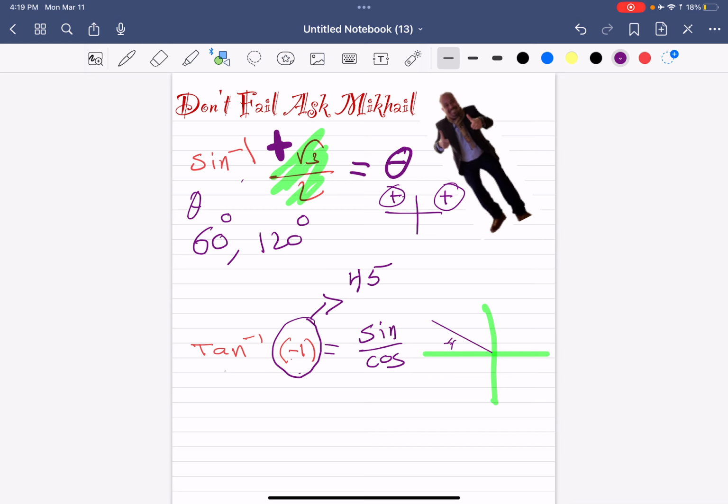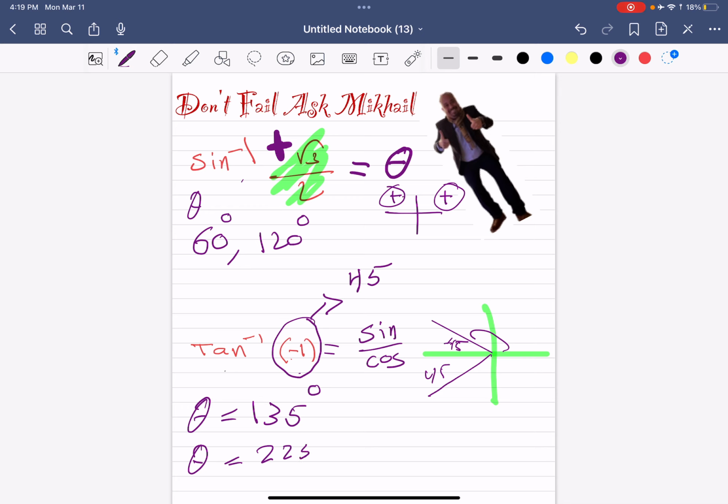Remember, talk about 45, talk about reference. 45 and 45. So what is the angle here? Then theta will equal exactly 135, where the angle is positive but the tangent is negative, -1, or 225.